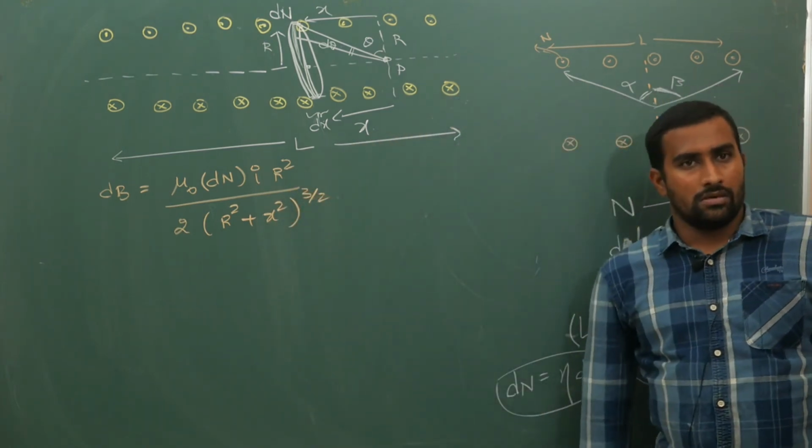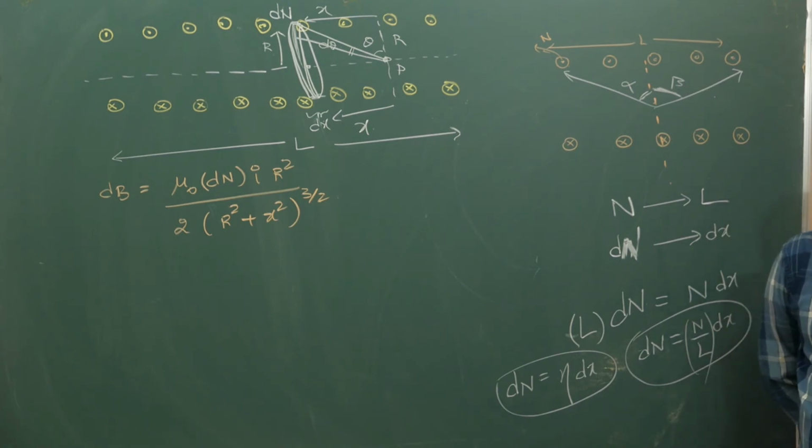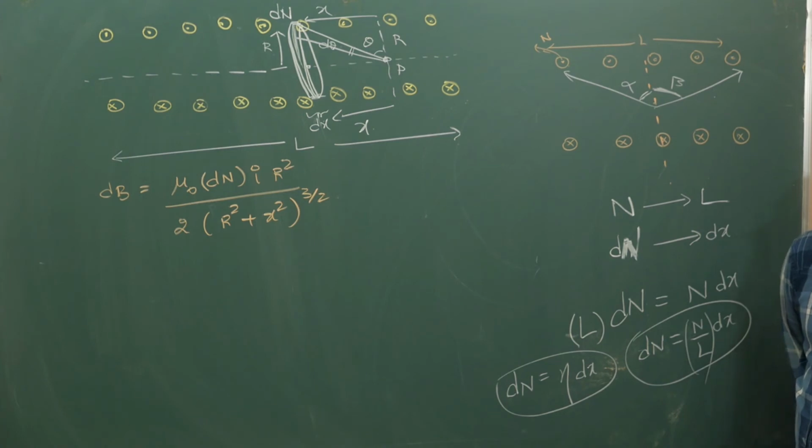Any doubts? In a small portion of length dx, dn number of turns are there, and that dn is n into dx. Of course we will substitute it later, but I hope you have understood it.